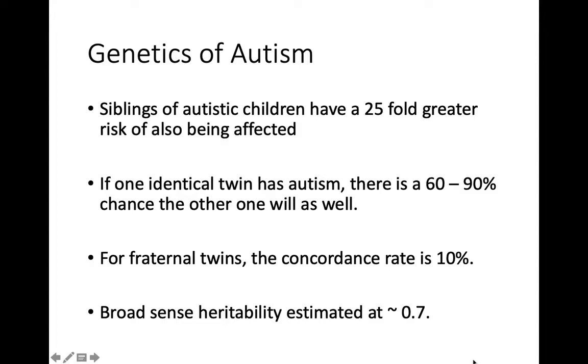Again, this indicates a significant genetic component. For fraternal, or dizygotic, twins, the concordance rate, the rate at which one individual has it and the other one does as well, is 10%. All of this work has revealed that the broad sense heritability for autism is probably about 0.7.